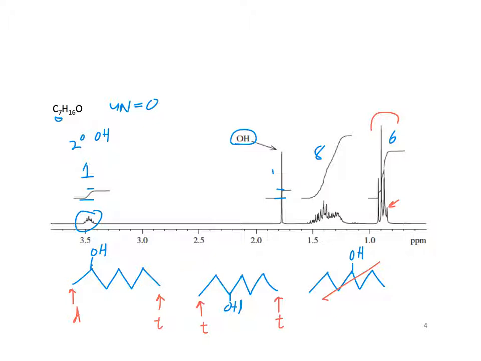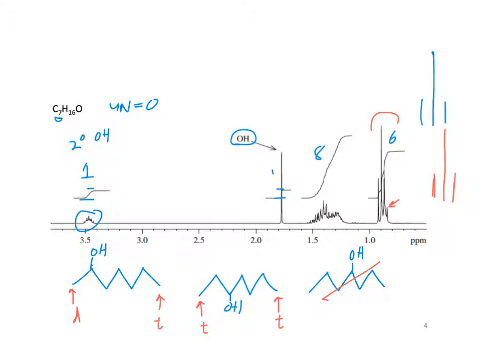Right. So if we have a triplet like this, one, two, and then what do we have overlapped on top of that? Another triplet. How would it be overlapped? Just like this, 1, 2, 3.